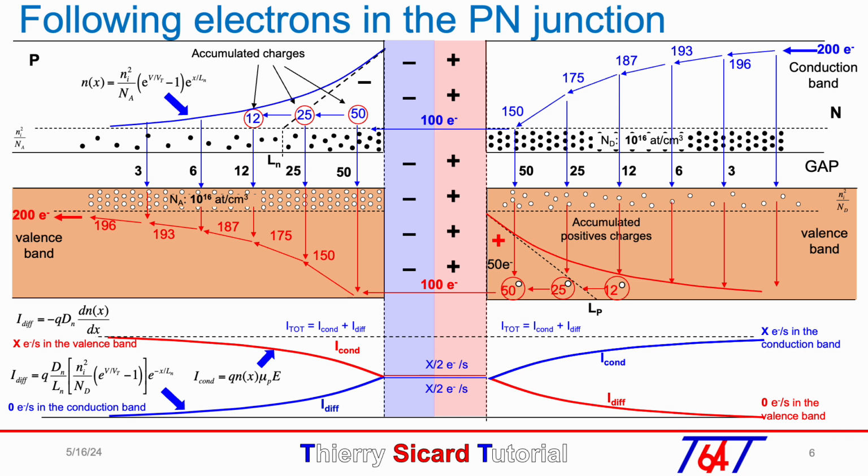Current in the n side is electrons moving in a crystal with higher energy than the valence band. Current in the p side is electrons moving in the available lower energy positions called holes, provided by the Na concentration of acceptor doping atoms.